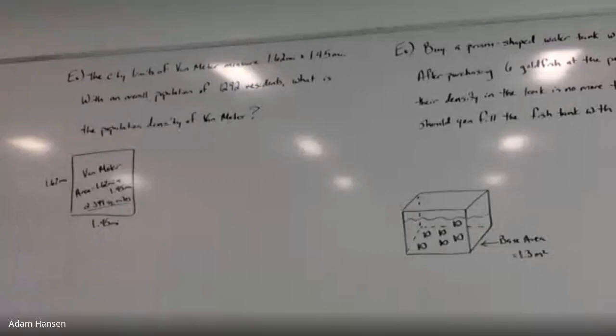How many people live in that area? Once again, how many people are there here in town? What's the population of Van Meter? So to find the density, I have this many people living in this amount of area.